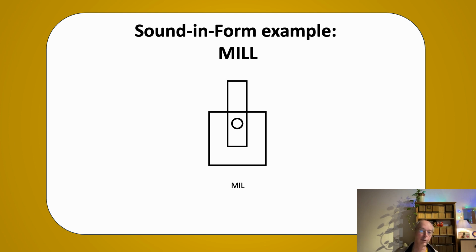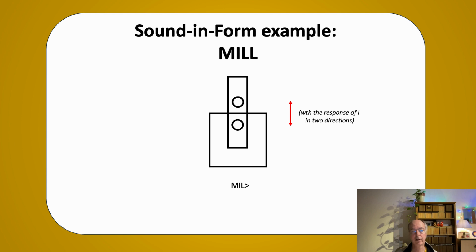I simply would describe mill intuitively, but from what I learned from the theory, you can have the M, the E and the L connected. So the M is the square, the L is the longer form that takes form, and the E is an intersection, which can also be in 2 directions, so it can go in and can go out.